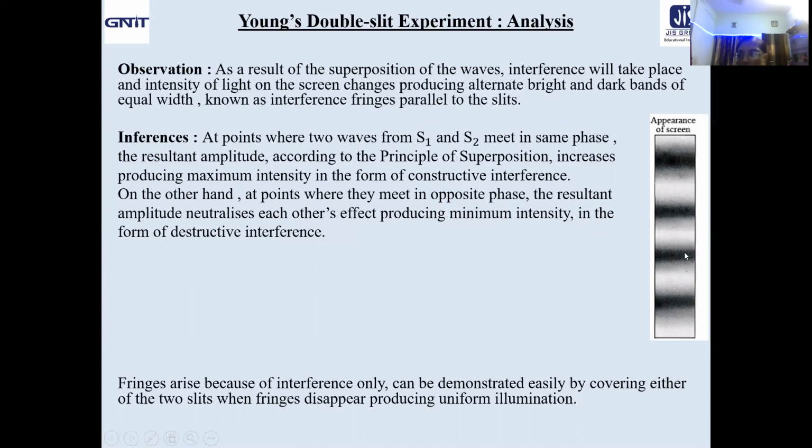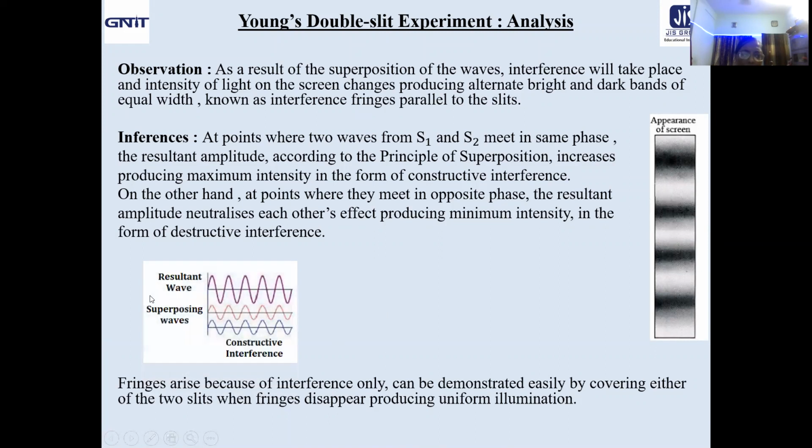So at the positions of the minimum, one's crest is superposing with the other's trough and vice versa. That means they are neutralizing each other's effect. If the amplitudes are exactly the same, what will you expect? Y1 minus Y2, say A minus A, equal to 0. So you will get minimum there, isn't that so?